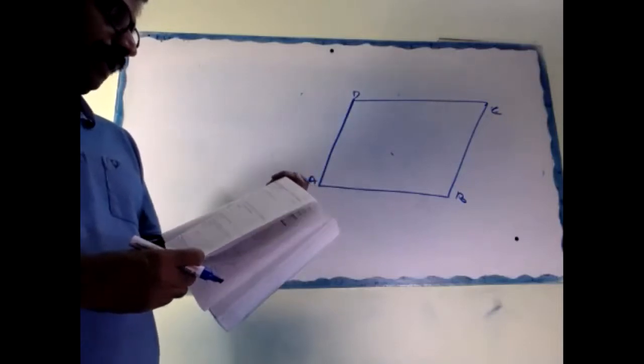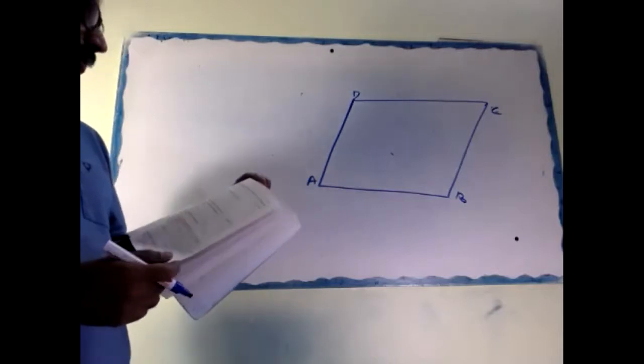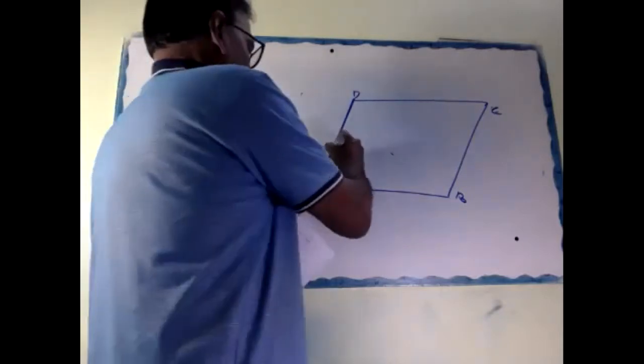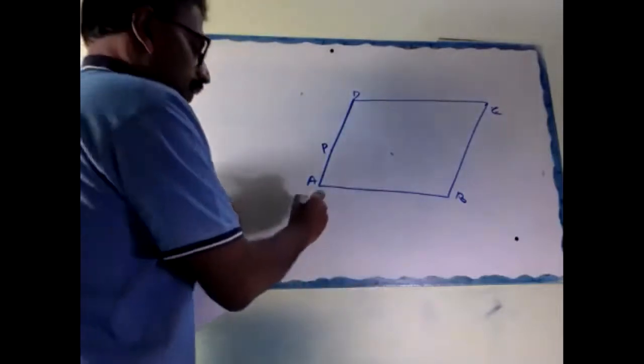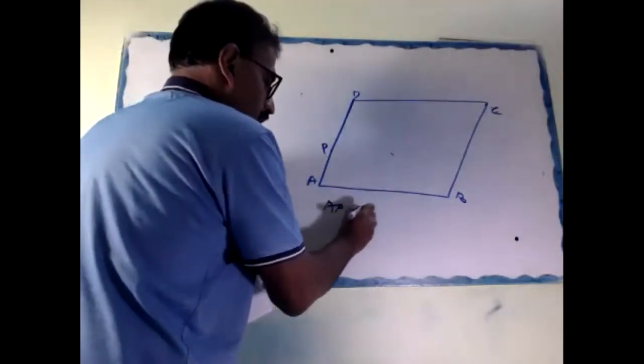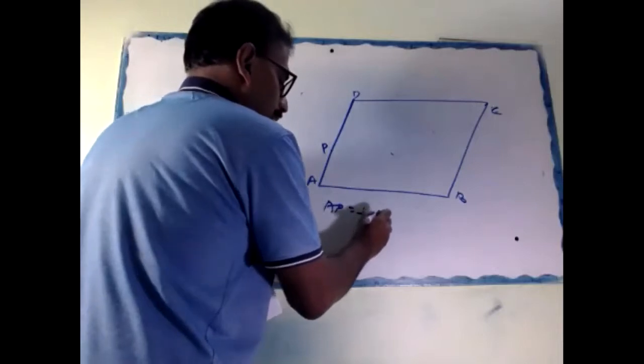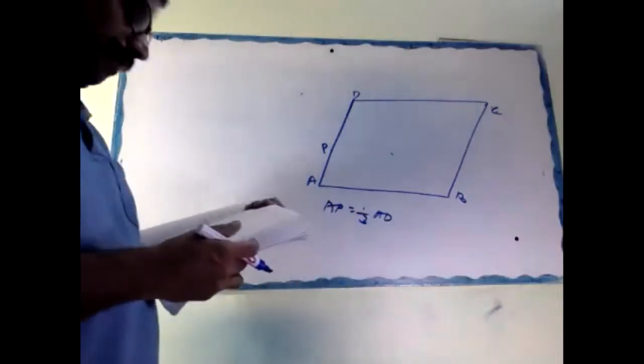P is a point on AD such that AP is equal to 1 by 3 AD.